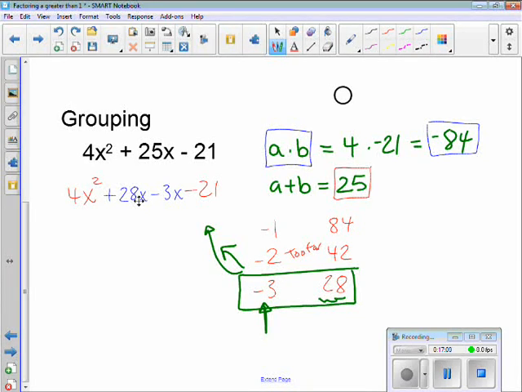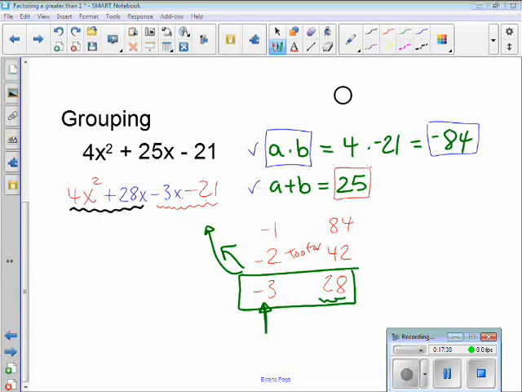And now I started looking for what two numbers multiply together to give me that negative 84 and add together to give me 25. And I found them, negative 3 and 28. I slid them into position, putting x's after them. I put them in position so that this number is easily associated with 21, and this number here is easily associated with 4, because they have common factors, okay? So now we're almost there.